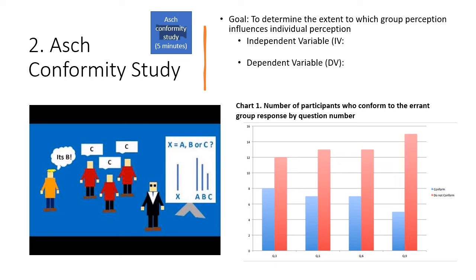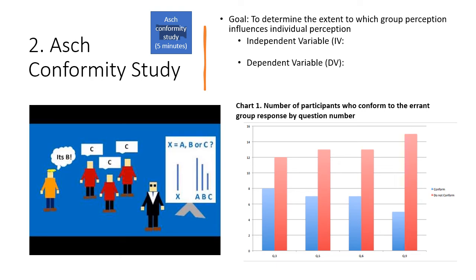And at first, of course, all the confederates, the guys who are working with the researcher, give the correct answers. And the guy who's coming in to be the subject also gives the correct answer. But after a while, the confederates all start to give the wrong answer, saying that line C is the same size as line X, when it clearly isn't.